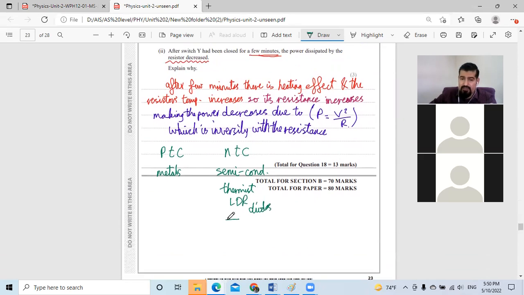As the temperature increases, the number of free electrons will increase. They gain enough energy to break free from their atoms. So as the number of free electrons increases, according to the formula I = nAvq, the current will increase. That means the resistance decreases. That's why they call it negative temperature coefficient.